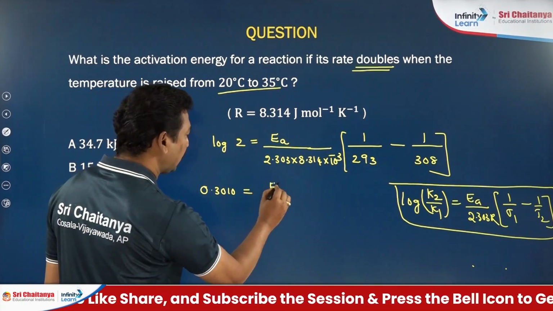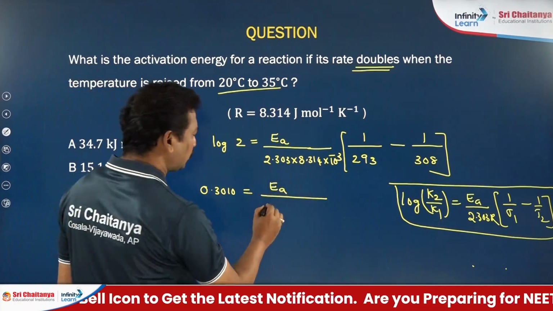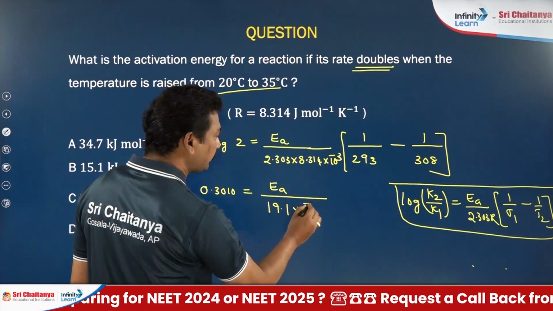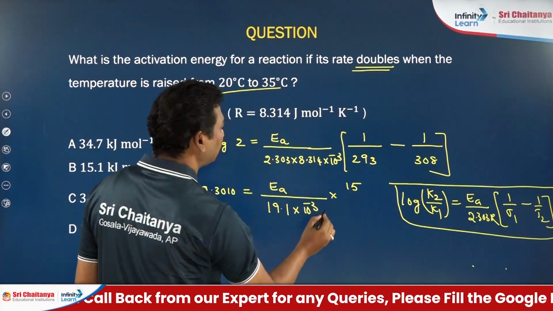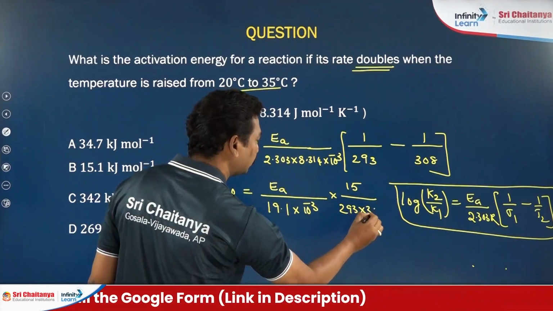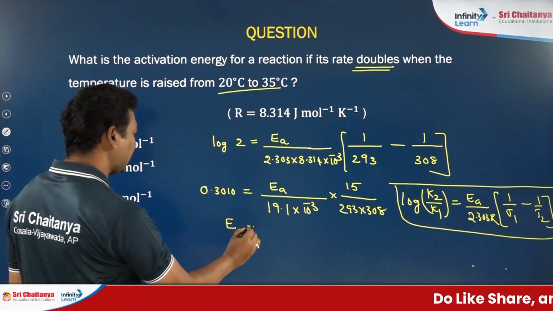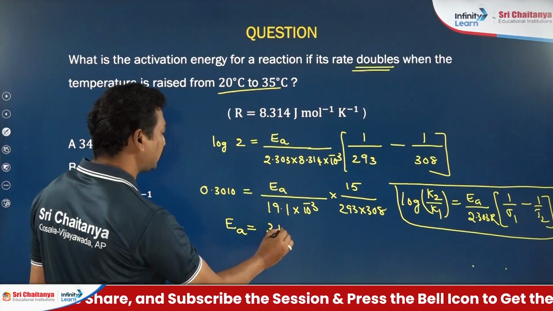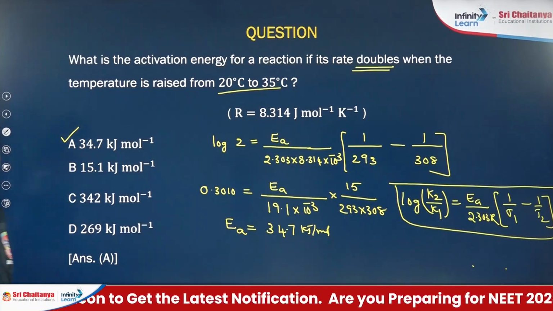So EA we need to calculate, and 2.303 into 8.314 is approximately 19.1 into 10 power minus 3. And here 308 minus 293 is 15, that difference, 15 by 293 into 308. Substituting all this, we'll get the activation energy in kilojoule per mole as 34.7, which is the answer. Coming to next question.